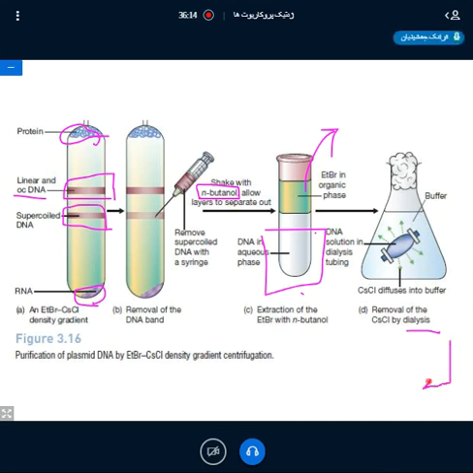So, listen please. After we use the dialysis, we have what? We have pure DNA. What should we do next? Would you please tell me?